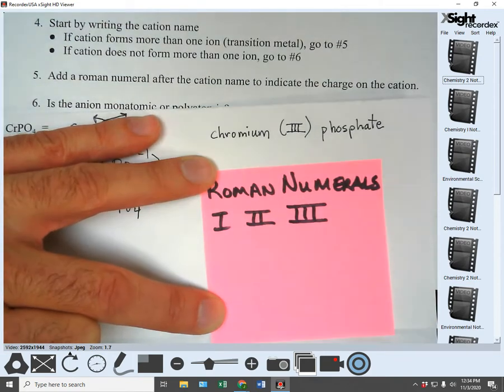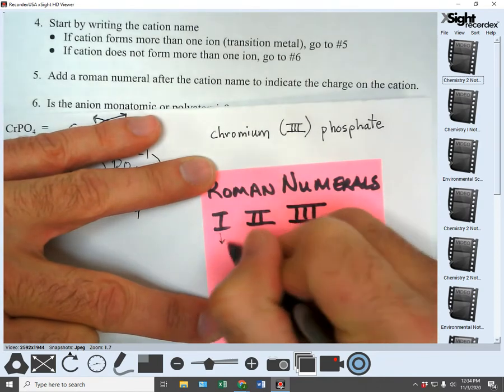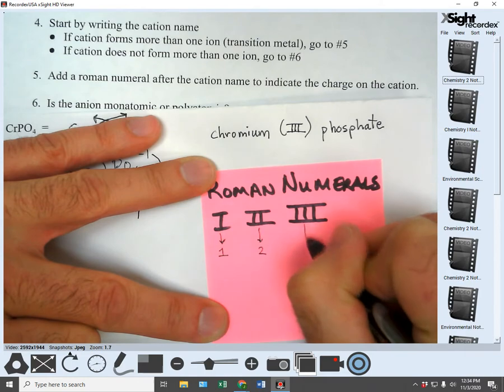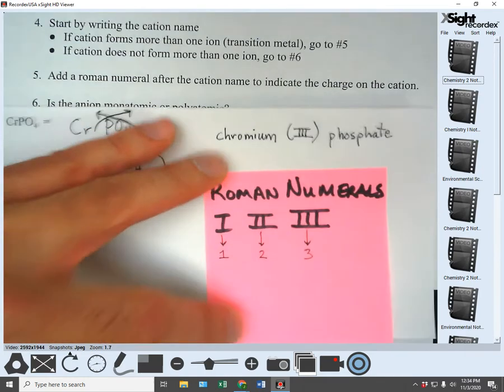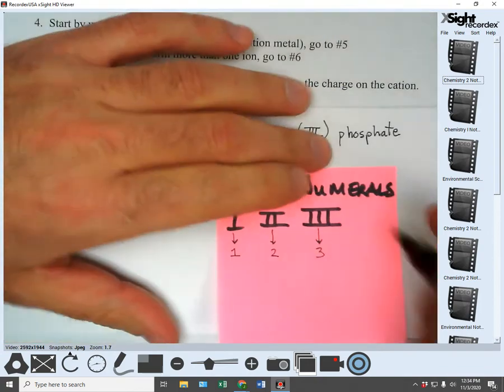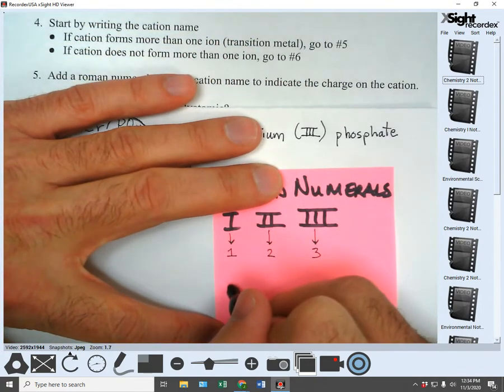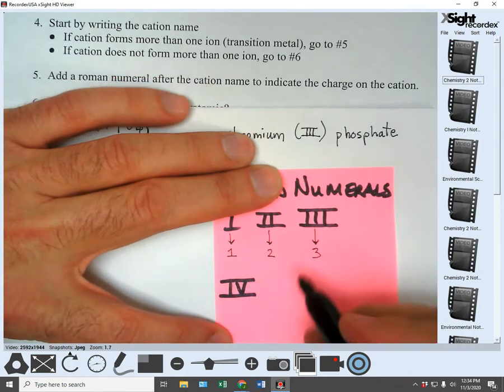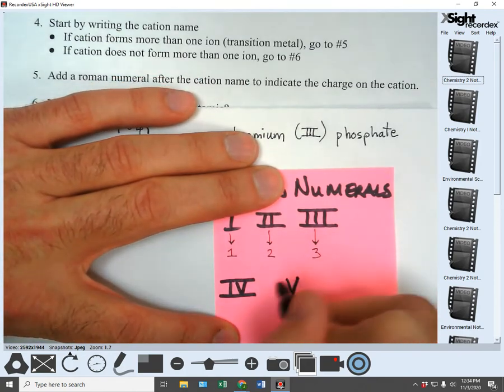So that's 1, 2, this is 3 for Roman numeral. Then the one that people aren't always as sure of, looks like IV.